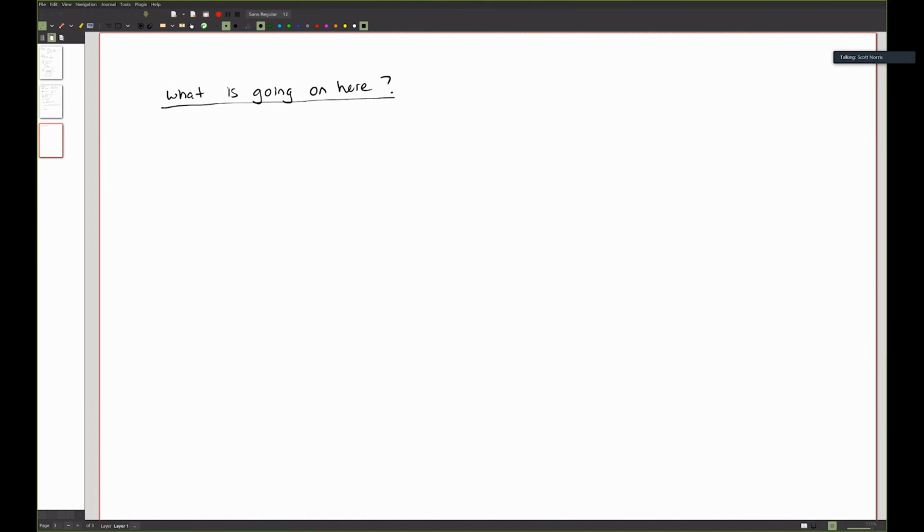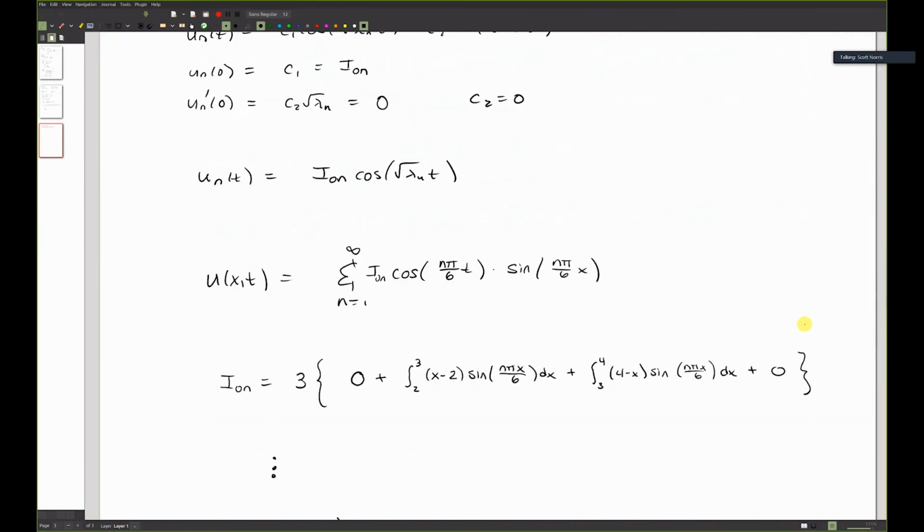Okay, so let's look once again at our eigenfunction solution.